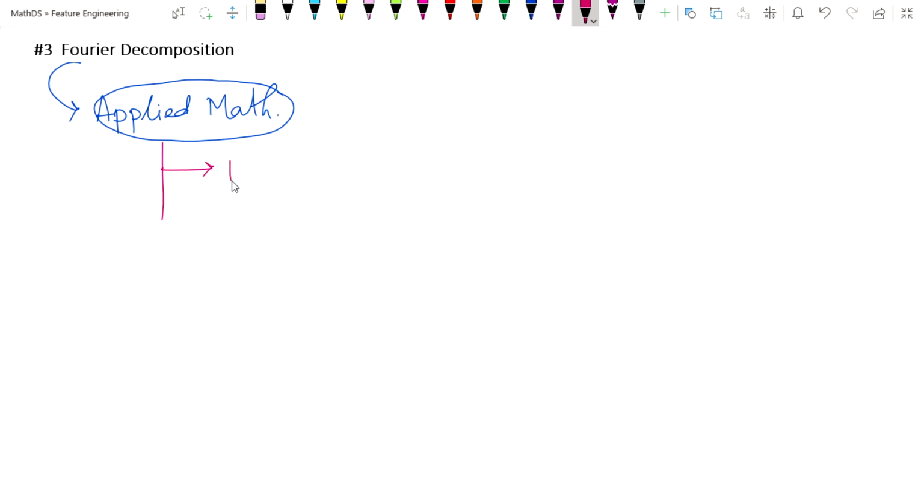It is used in physics, in electronics and communication, and in signal processing, which is also an area of applied mathematics.